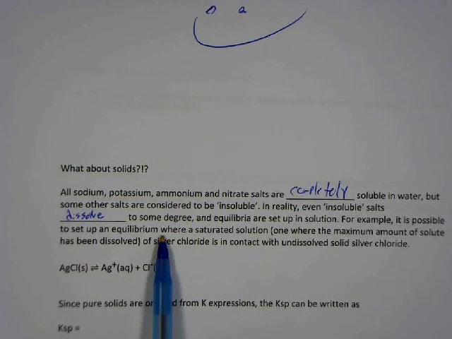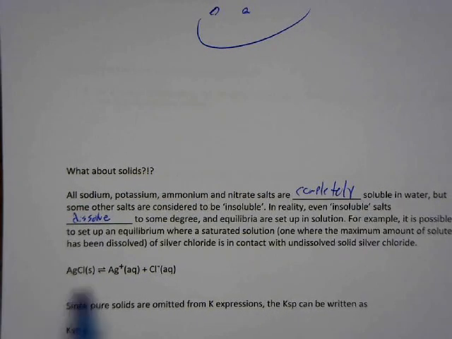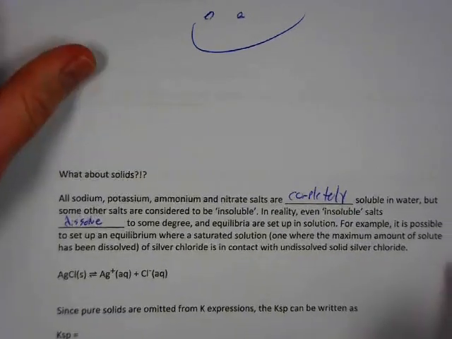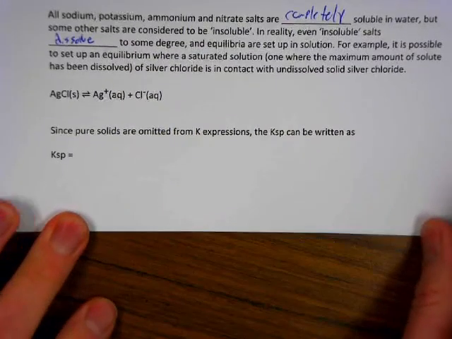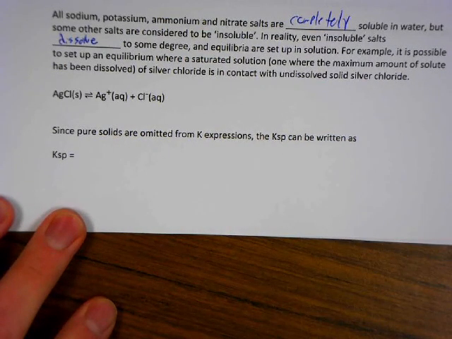For example, it's possible to set up an equilibrium where a saturated solution, one where the most solute possible has been dissolved, of silver chloride is in contact with undissolved solid silver chloride. Do you guys see it here? So, since pure solids are never part of the K expression, what would the Ksp be?